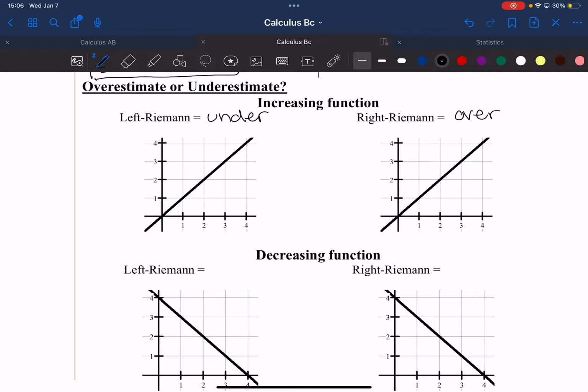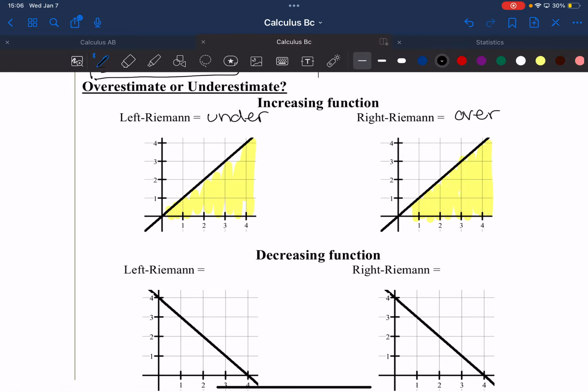Because let's say we're trying to find this total area here, and they don't give us an interval, so we're just going to assume it's this entire area here. And they also don't give us an in-value talking about any of the subintervals, so I'm just going to go by each of them with a width of 1.